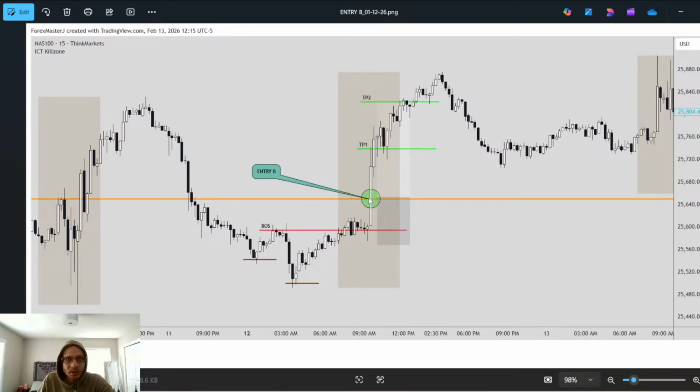So entry B is just entering above the original indication, normally with the candle close, but this happened at market open, so it happened so fast. And that's it, y'all. I don't really take many entry Bs, but entry As are always the A plus setup.